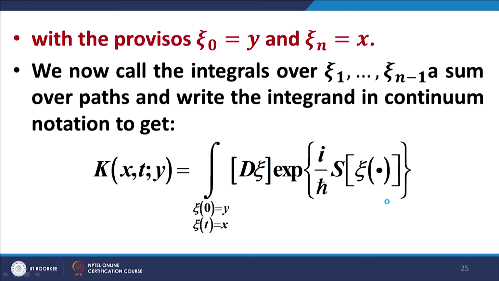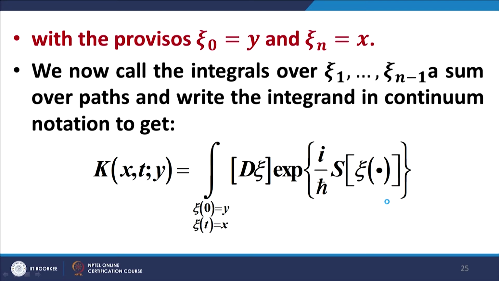So, both are taken care of, and the integrals over xi 1 to xi n minus 1 are now considered as integrations over various paths, and when we compactify the notation a bit, we get this expression where S now represents the classical action.